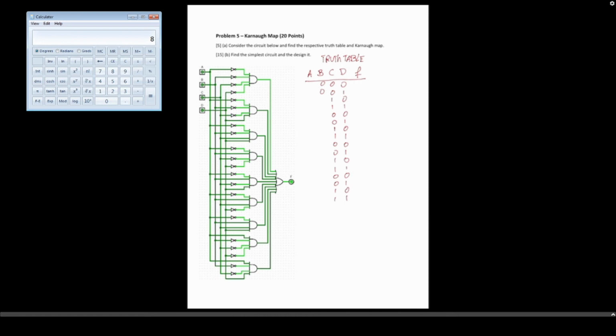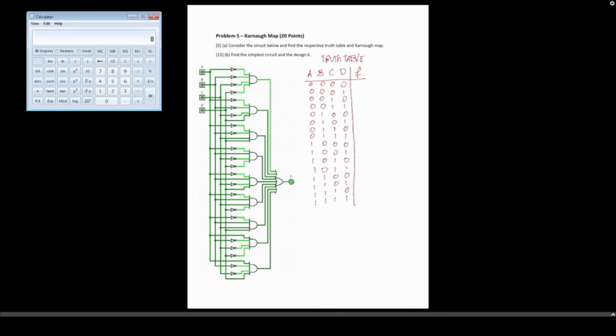Now it goes every 4. And it goes every 8. Perfect. All right, let's put this guy over here. Now that we have our truth table, let's go and fill the values.